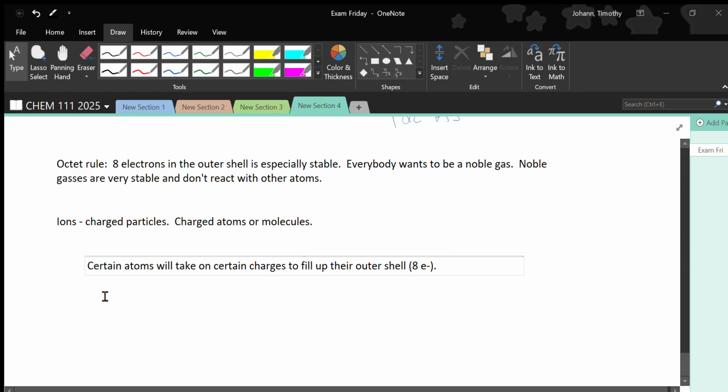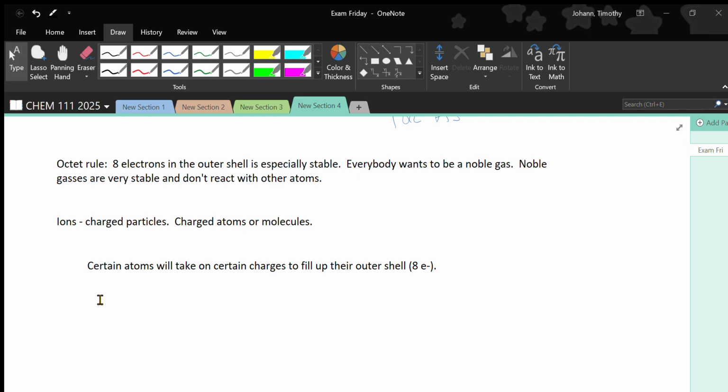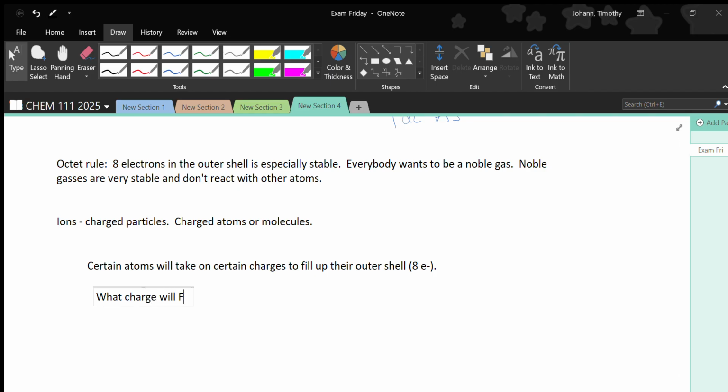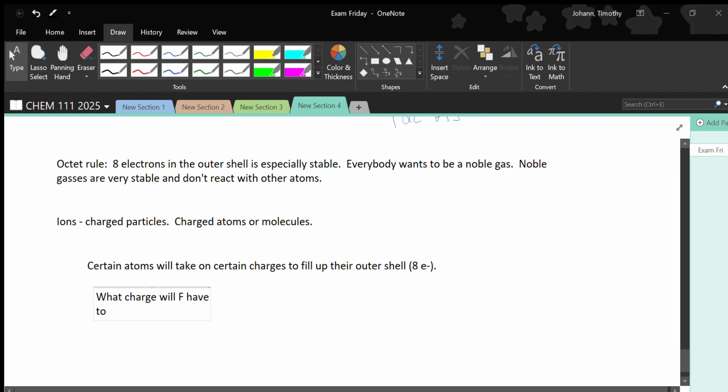So let's go ahead and think about the stable form of fluorine. Fluorine's number 9, right? So what ion, or what charge, will fluorine have to become stable? We're going to use our electron configuration diagram to figure that out.